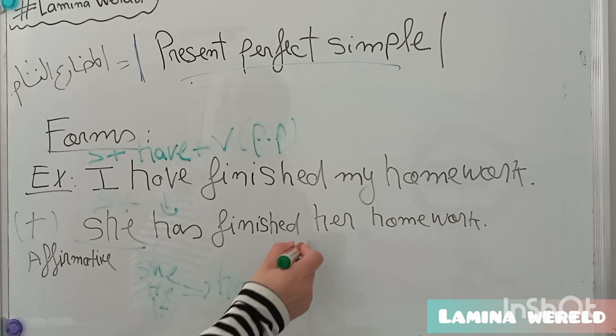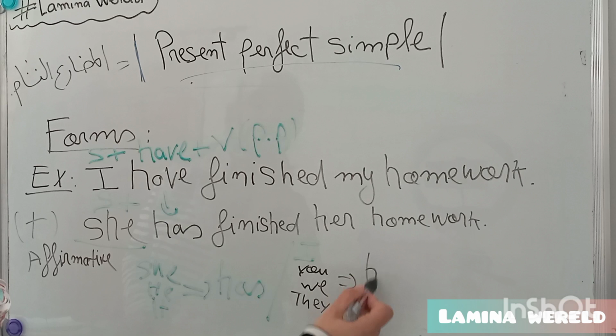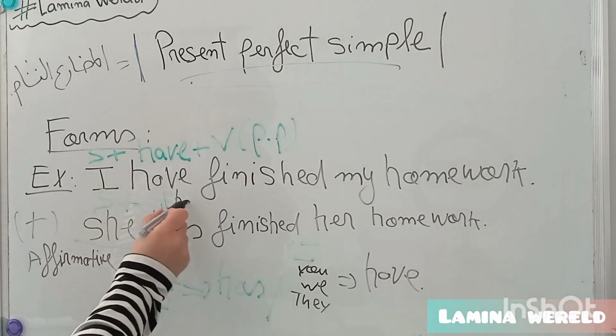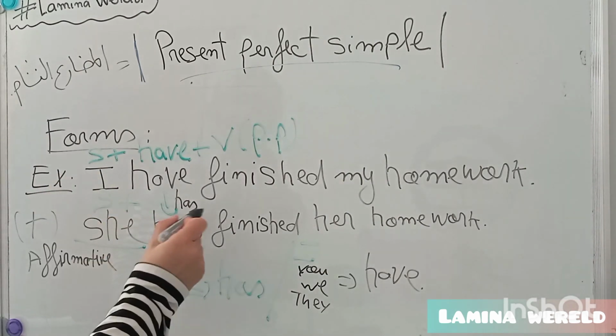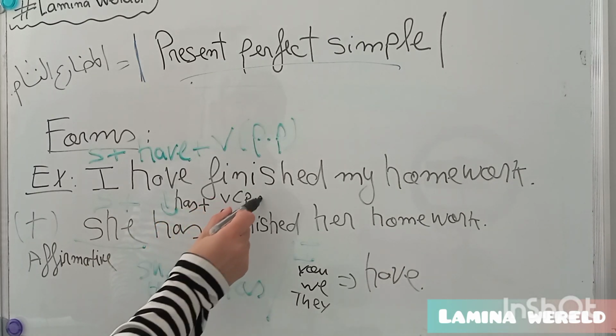But I, you, we, and they, followed by have. You see? So this is it. So we have subject plus has, plus verb in the past participle.